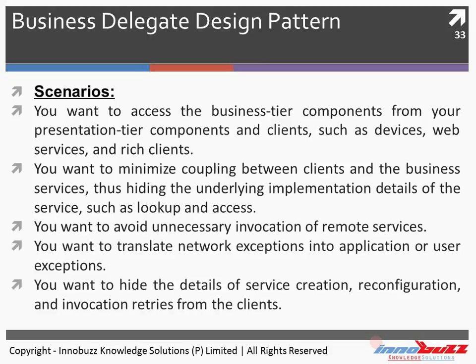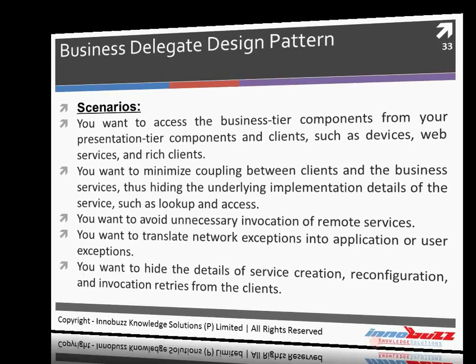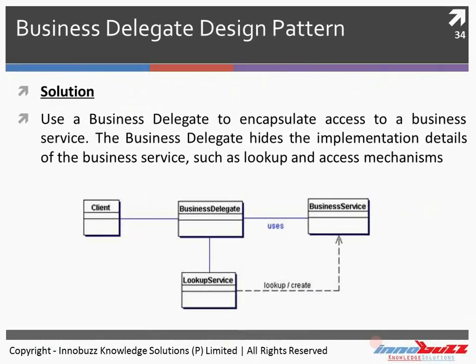So in order to meet these scenarios, let's see the solution. The solution is your business delegate design pattern, where you use a business delegate to encapsulate access to a business service. The business delegate hides the implementation details of the business service, such as lookup and access mechanism.